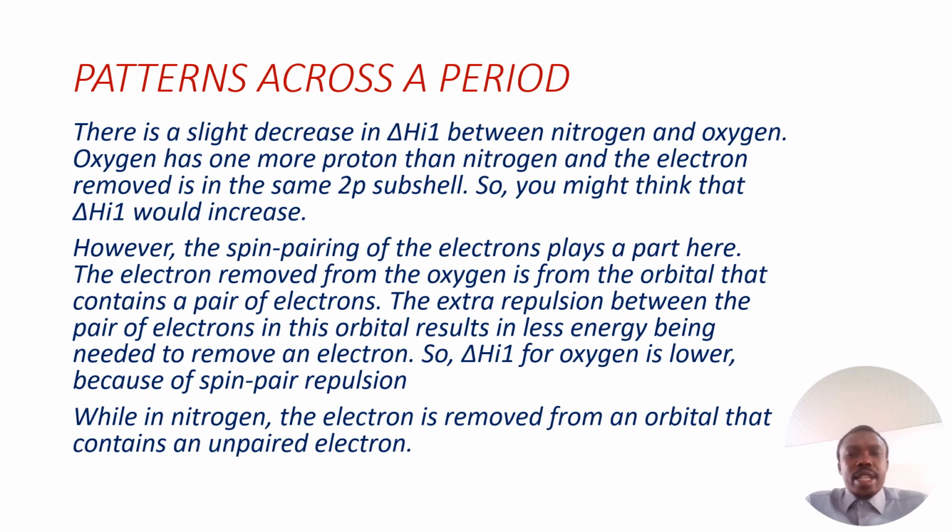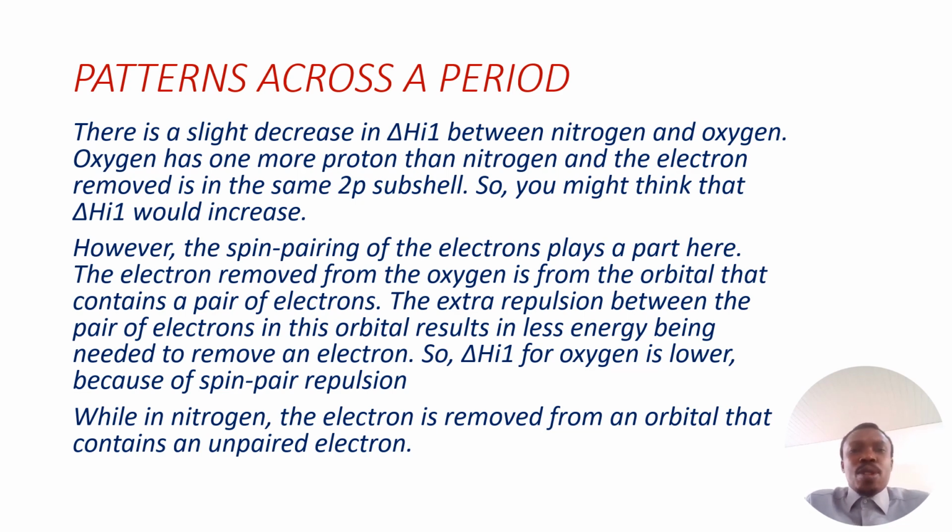The next point where there is a drop is between nitrogen and oxygen, where the ionization energy of oxygen is lower than that of nitrogen, and the ionization energy of nitrogen is higher than that of oxygen, which is a deviation from the trend in period 2. Looking at the pattern across a period, there's a slight decrease in first ionization energy between nitrogen and oxygen.